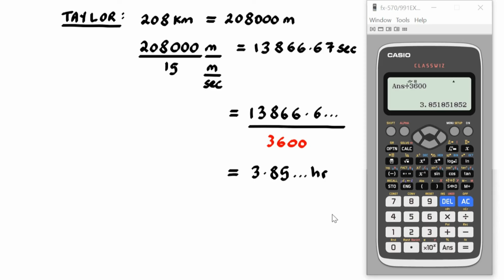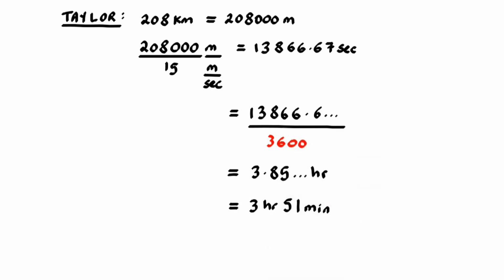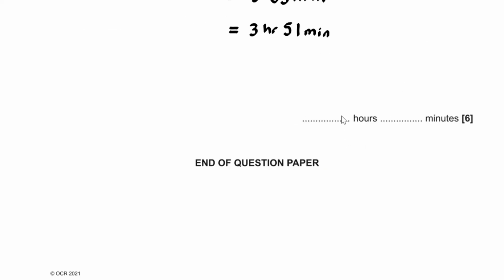Now I want this in hours and minutes, so I definitely have 3 hours, but this 0.85 etc. hours, I need to times that by 60 to convert that into minutes, and it turns out we would have 51 minutes plus 3 hours, which gives 3 hours 51 minutes. So we have 3 hours 51 minutes.